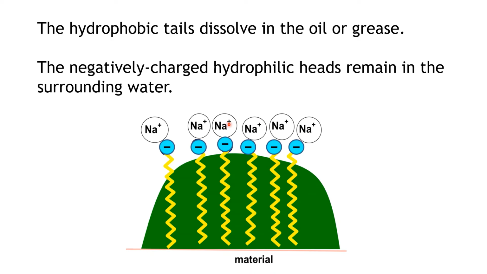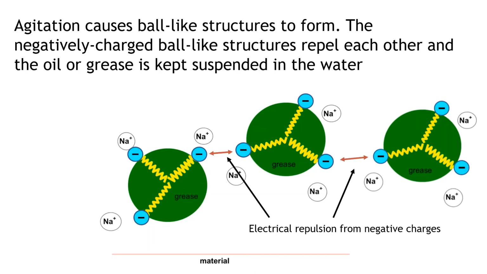On the outside of the grease, these negatively charged hydrophilic heads remain in the surrounding water. If you shake it and agitate it a little bit, this will cause these ball-like structures of grease to form. And what keeps the fat from coming together again is the negative charges of the hydrophilic heads on the outside of the droplets. So there's electrical repulsion from the negative charges caused by these hydrophilic heads.